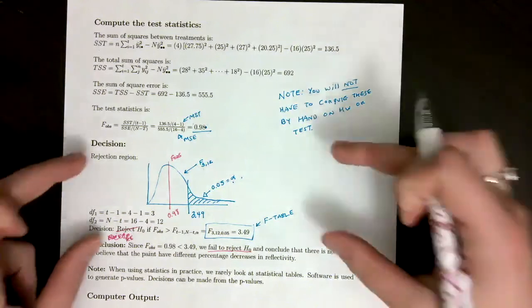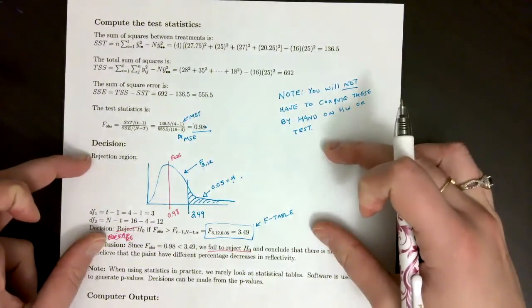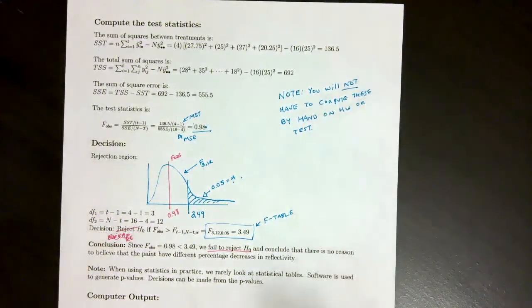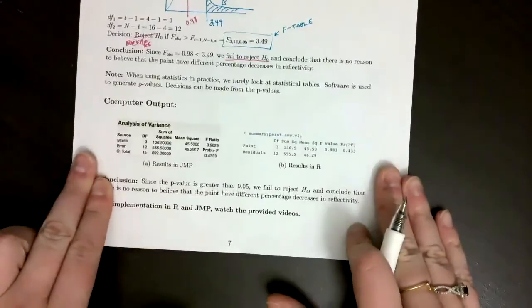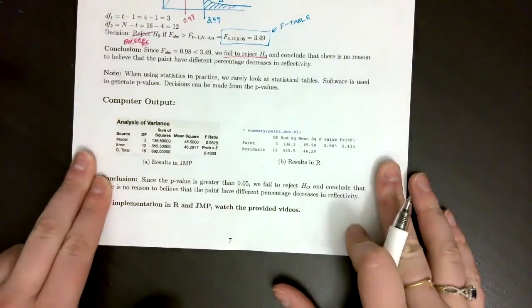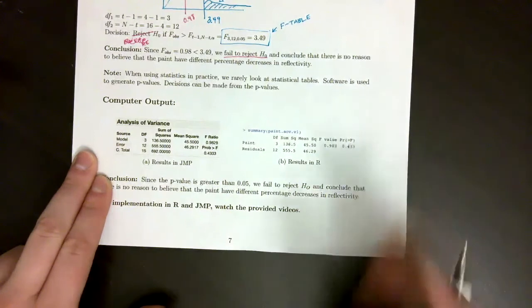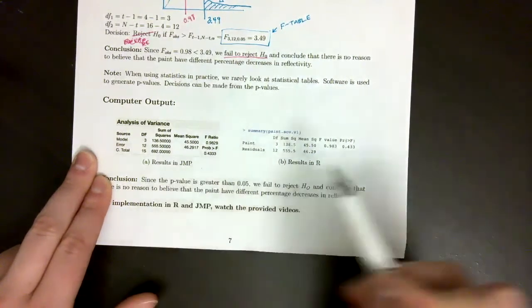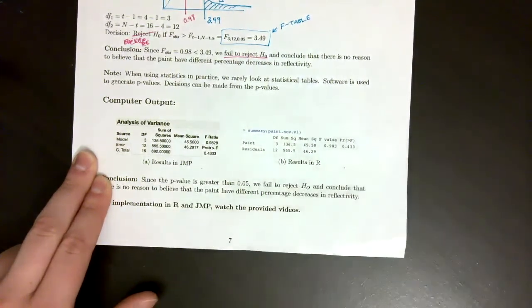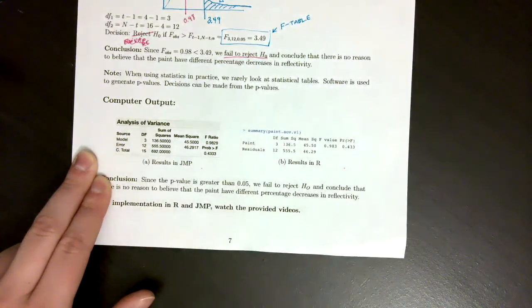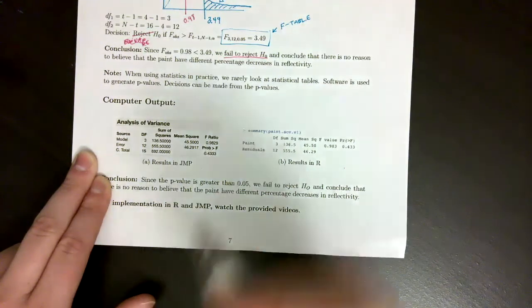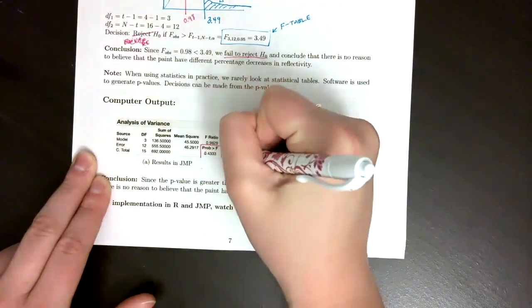Now again, this is pretty old school using tables and rejection regions, and in practice, we typically use computer output to generate p-values. So in JMP, you would see this, and in R, you would see this result. To get these results, go watch the video that I have posted for JMP and R. What we want to look at is where the p-value is.